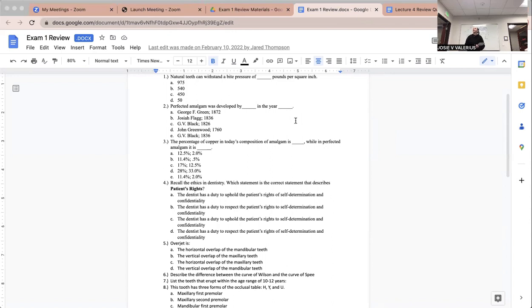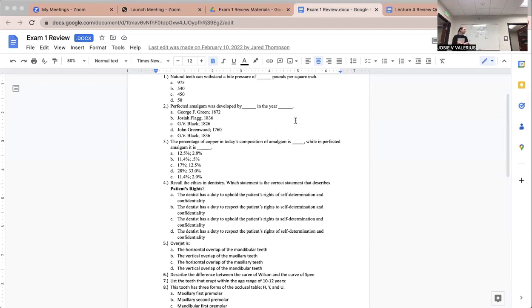Okay. Natural teeth can withstand a bite pressure of how many pounds per square inch? 540. This was on the dental trivia page, so give that a little read over before the exam. And then perfected amalgam was developed by who and what year?